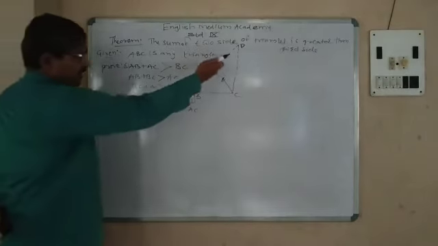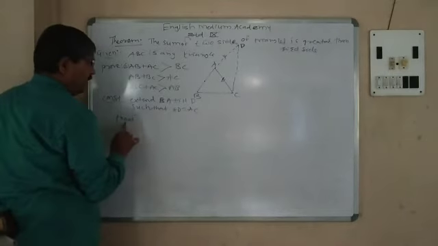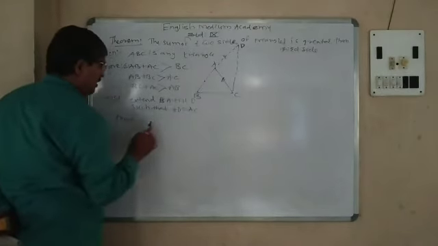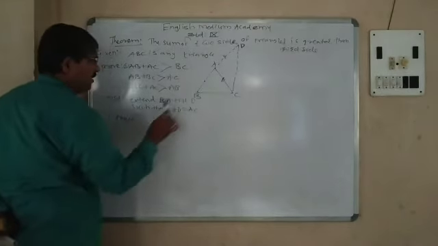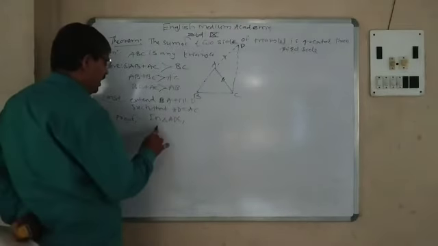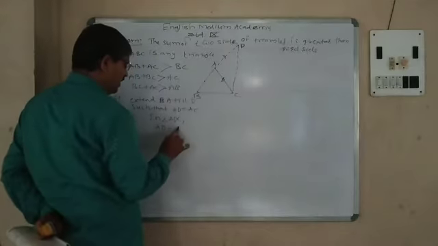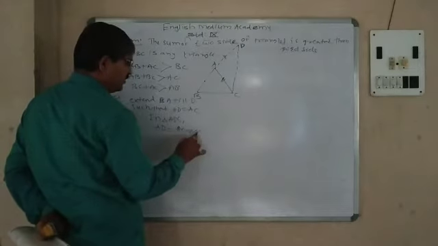Now we will see a proof. In triangle ADC, what happened? AD is equal to AC. Why? Construction.